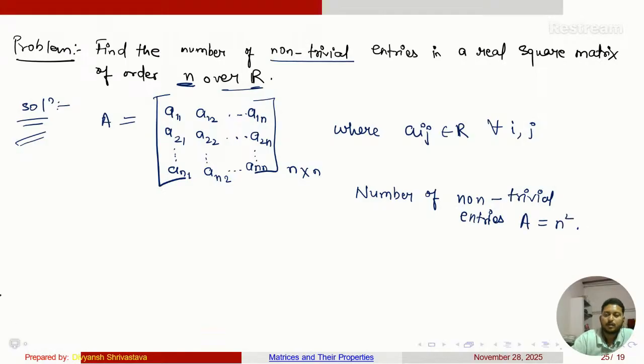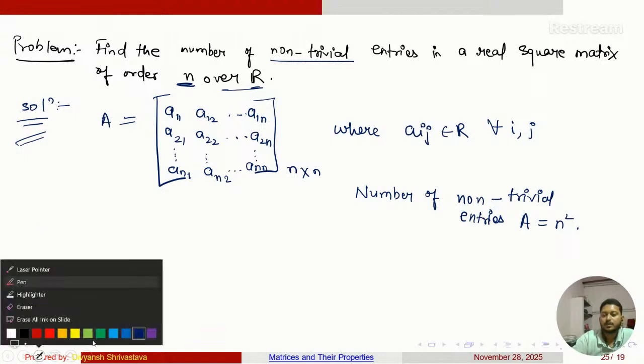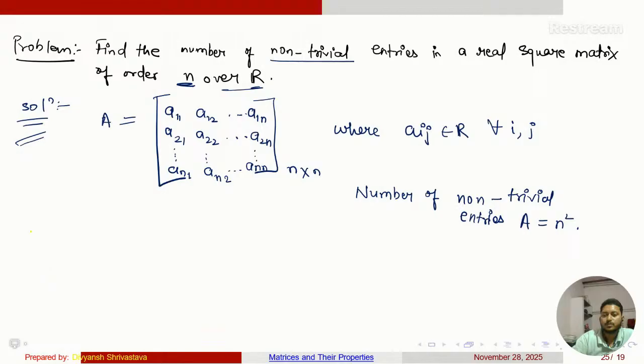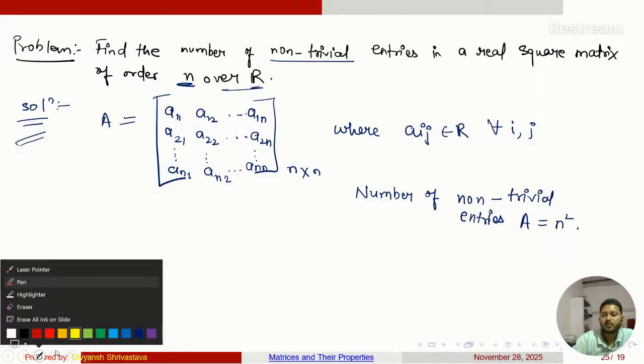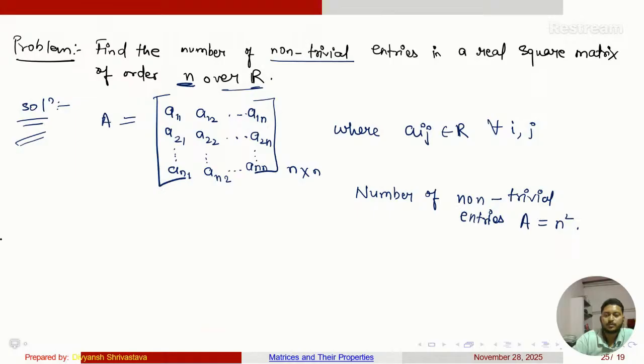Now come to the next problem, which is also related to a complex square matrix of order n, and its non-trivial entries. The next problem is related to complex numbers, because real numbers and complex numbers are used in our vector space.